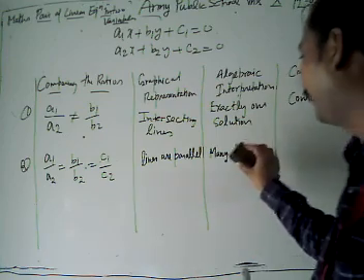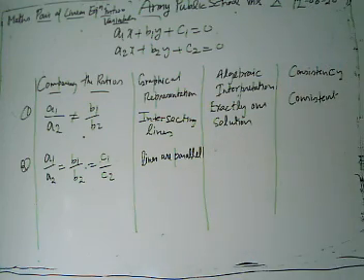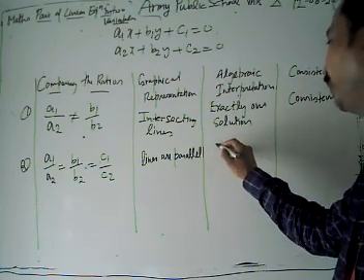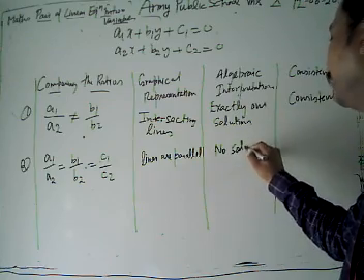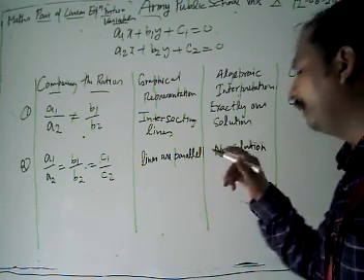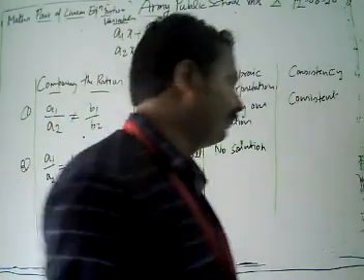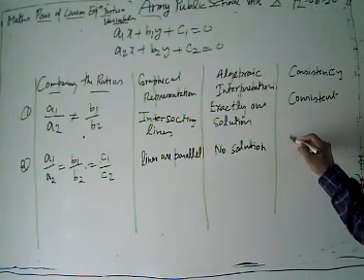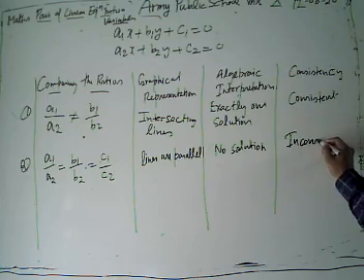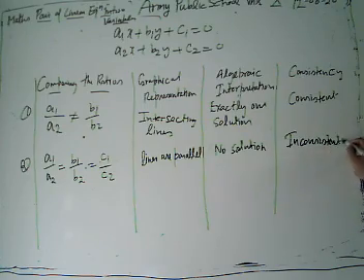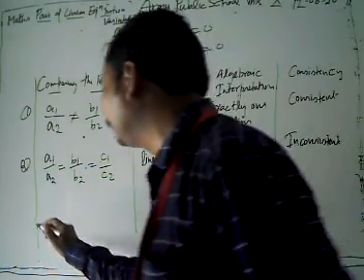In this case, we have no common point, which means no solution. If there is no solution, then our system is inconsistent.